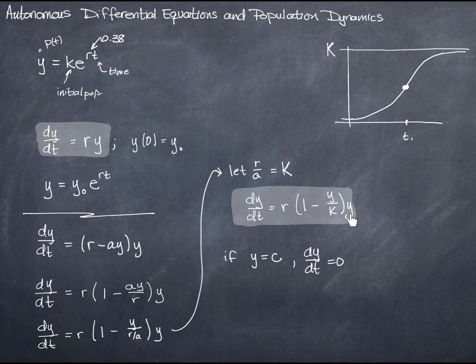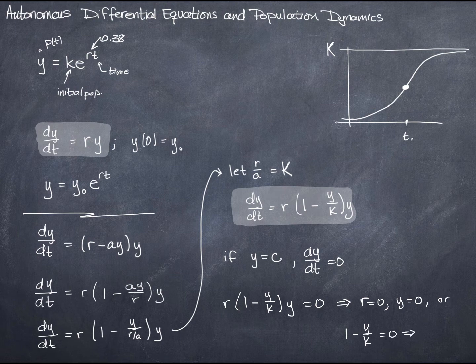That will give us all the functions y where the answer is just a constant. So the first thing I'm going to do is take the right-hand side here and set it equal to 0. I have r times 1 minus y over k times y, and I'm going to set that equal to 0. That tells me either that r equals 0, y equals 0, or 1 minus y over k equals 0.